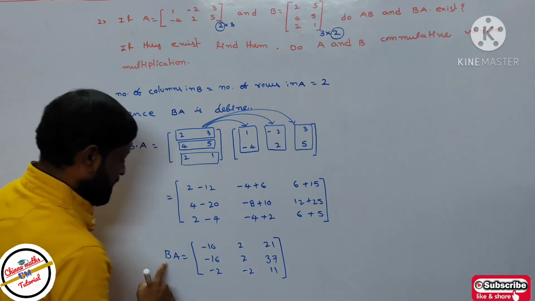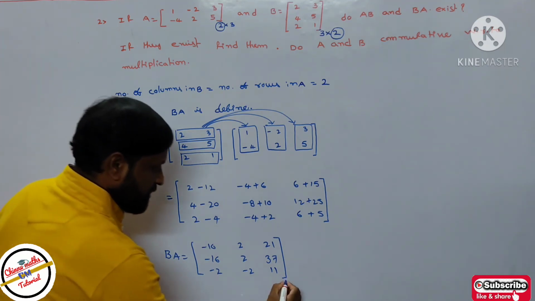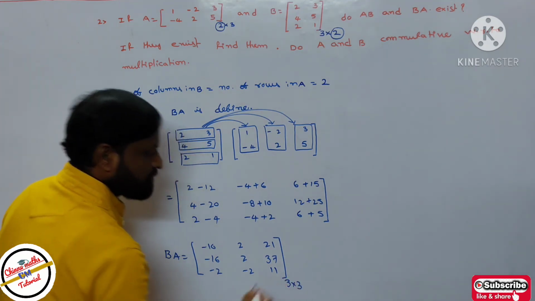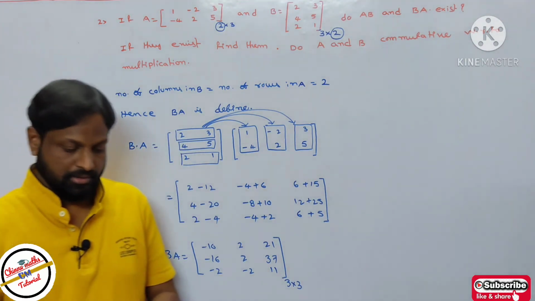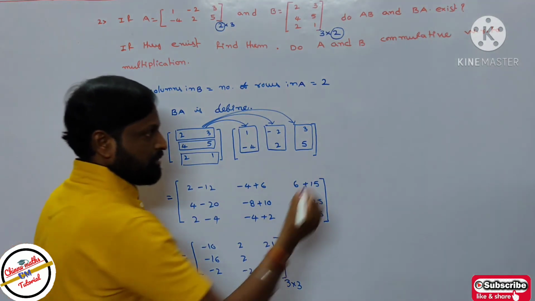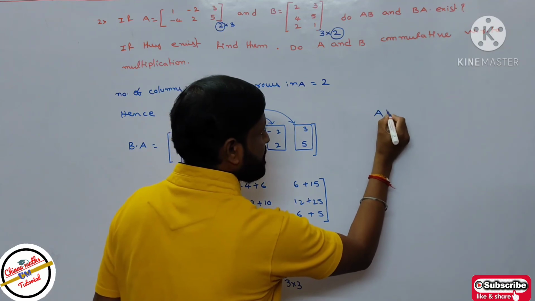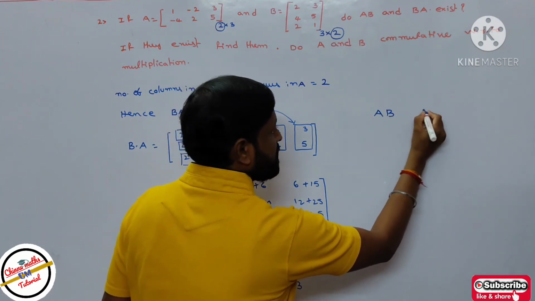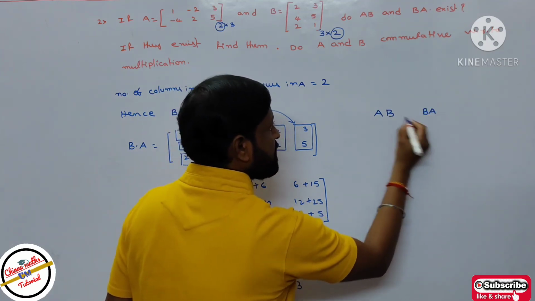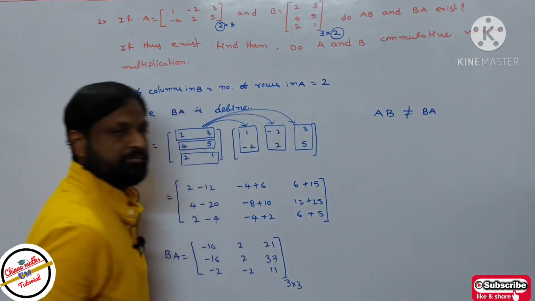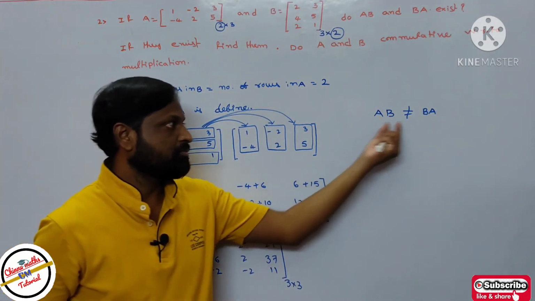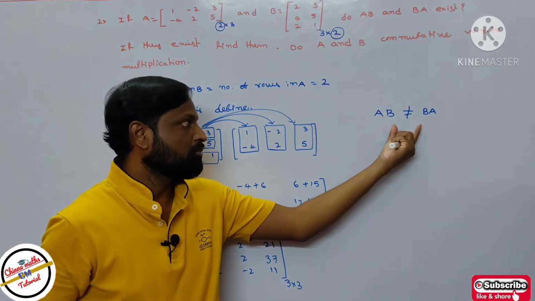The order of the matrix BA is 3 rows and 3 columns. You can observe that the product of AB exists and the product of BA exists, but both are not equal.